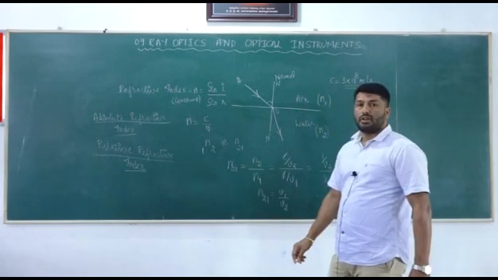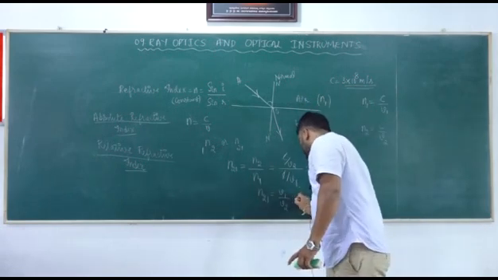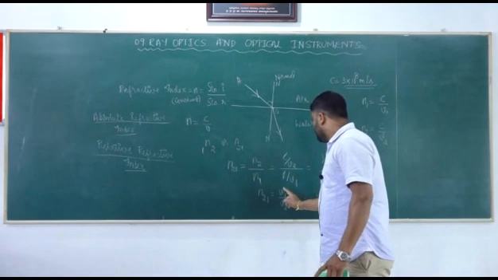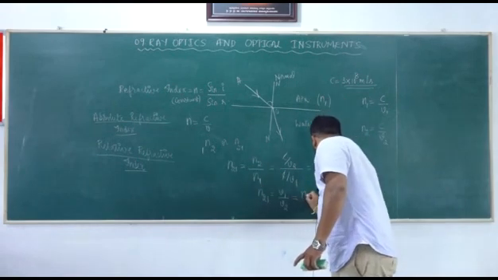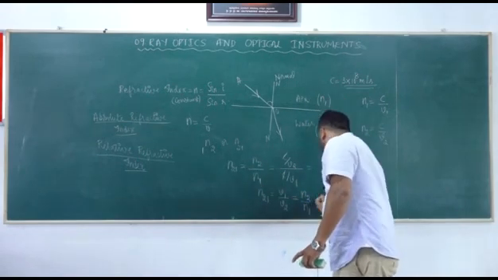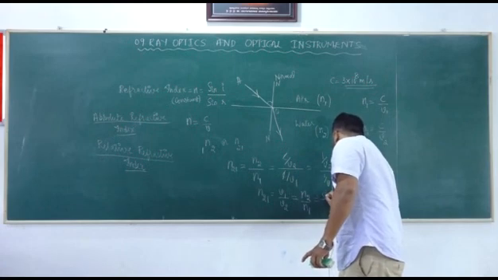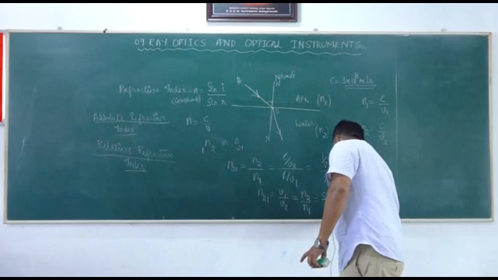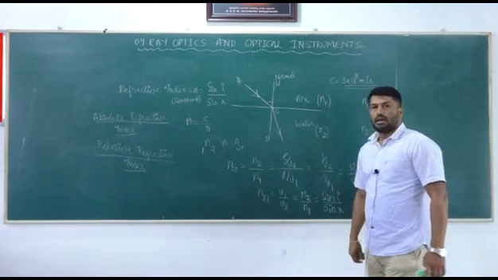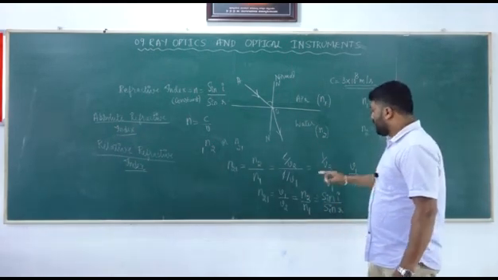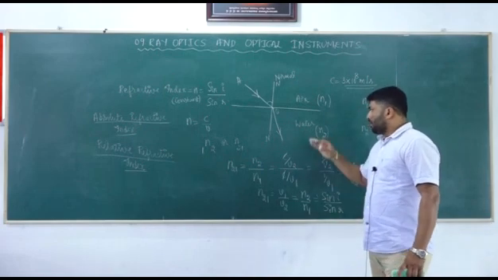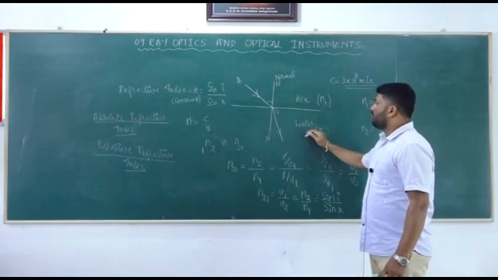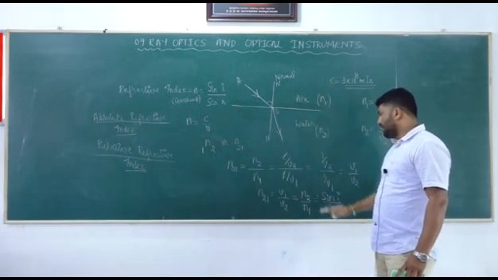This is the relative refractive index of the second medium with respect to the first medium in terms of velocities, or it is n2 by n1, or sin i by sin r. So these are the formulas related to the relative refractive index of the second medium with respect to the first medium.